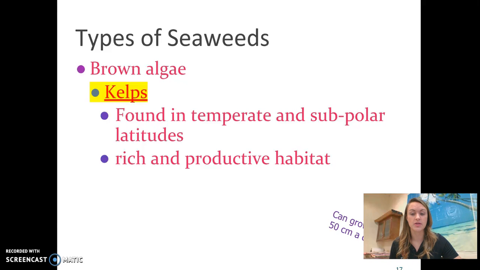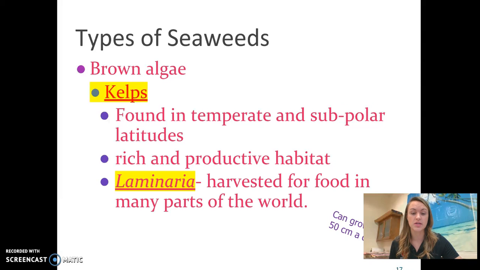Imagine the amount of oxygen being put into the water from all these kelps, and the amount of biodiversity and species that these regions can hold. It is phenomenal. Laminaria is a species of kelp, and these are harvested for food in many different parts of the world. Speaking of food, we are going to talk about why we harvest algae and macroalgae, and I've got some seaweed for y'all to eat a little bit later.